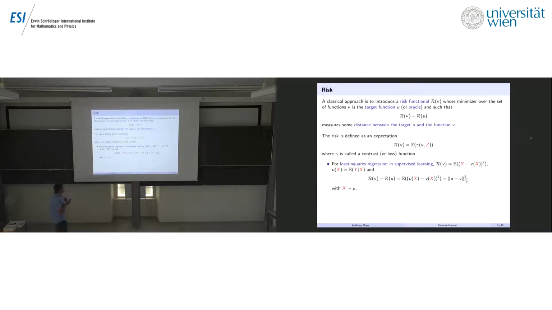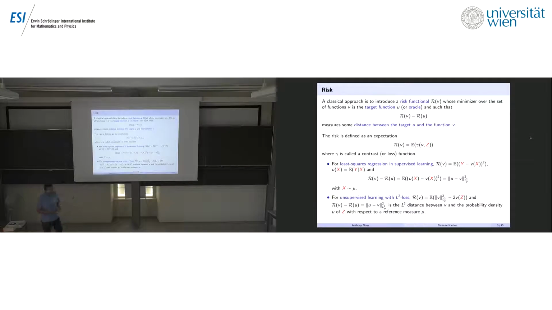Here, in this context, the oracle is the conditional expectation of y given x, and the difference between R(v) and R(u), the oracle, is no more than the L2 distance squared between u and v, a weighted L2 distance, where the weight is the probability distribution of the variable x.